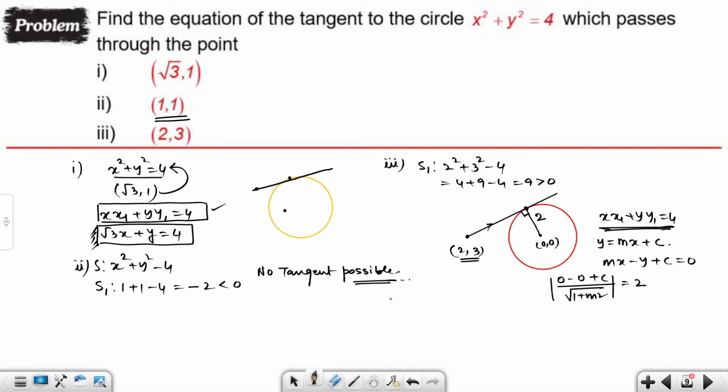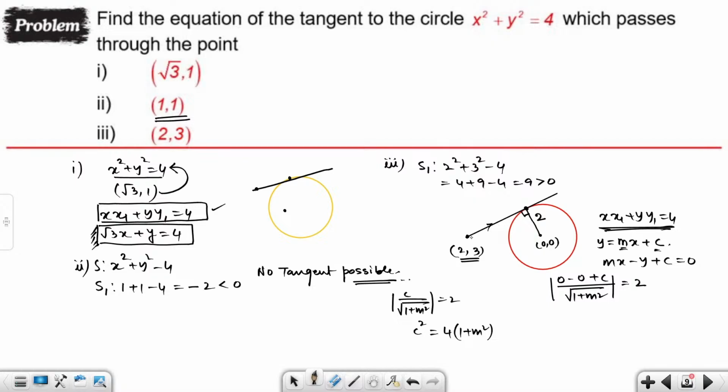So you are basically getting modulus of c divided by root over of 1 plus m square is 2. So we can say c square is nothing but 4 times (1 plus m square). That's okay. Now how to find out the value of m and c?